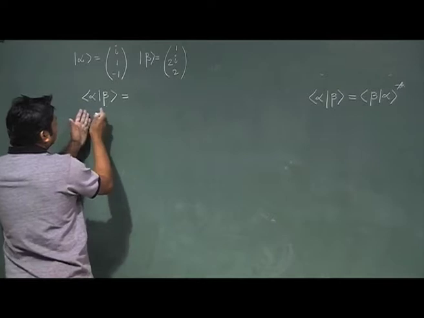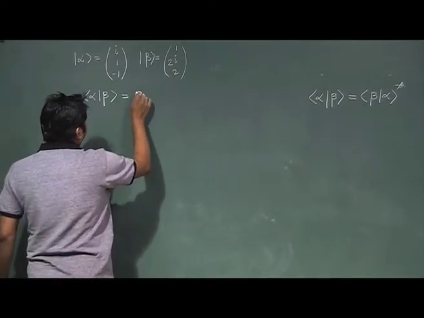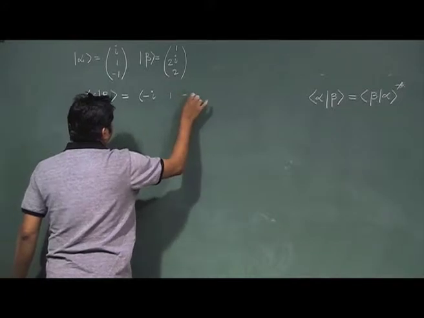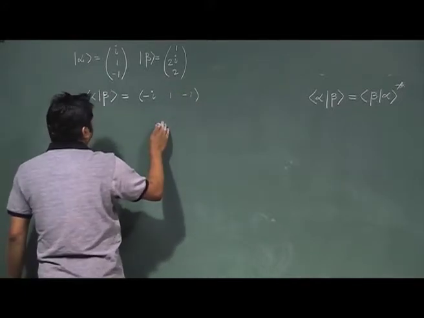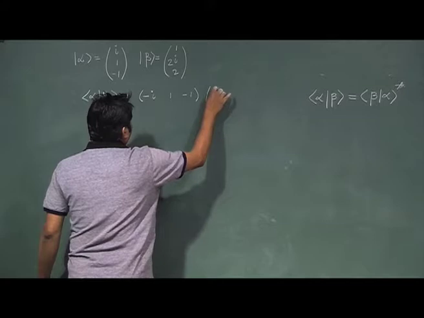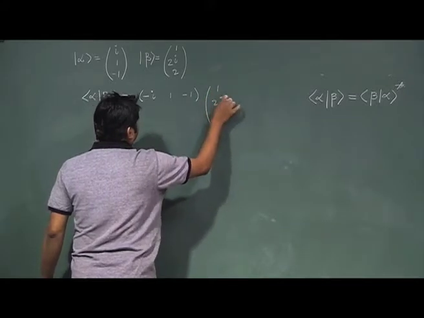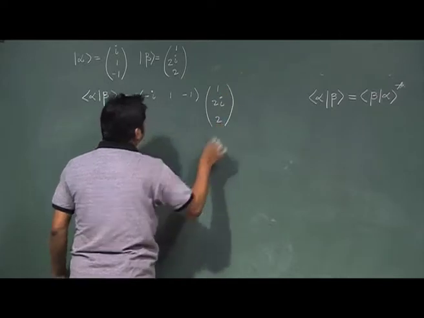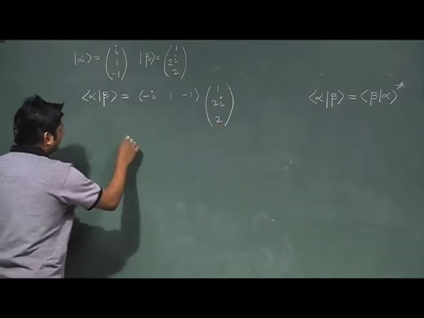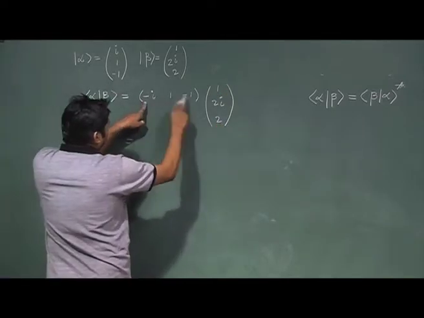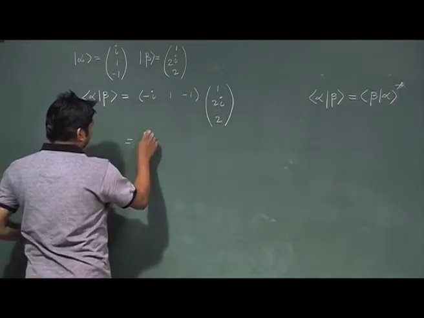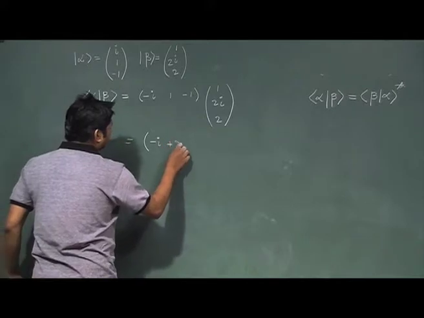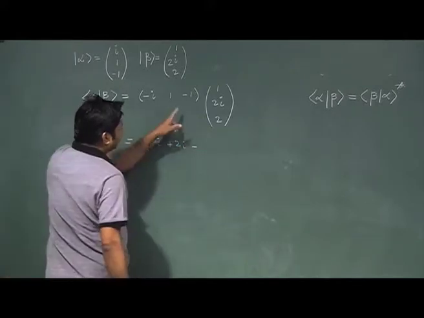So, what will be my <alpha|beta>? <alpha|beta> will be minus i, 1, minus 1, and beta is 1, 2i, 2. What will be the result here? Let me calculate meticulously. This is minus i, this is plus 2i, and this is minus 2.